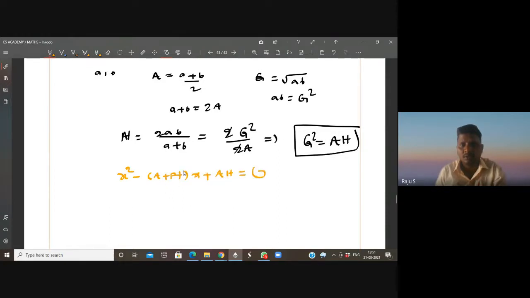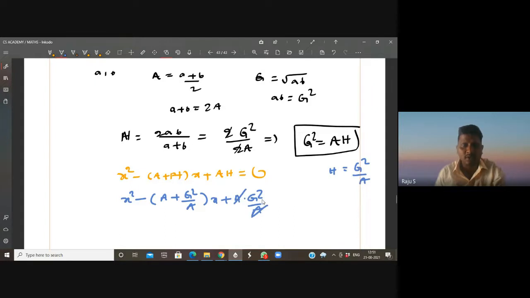Now you can replace the H value. What is the H value? H is G square by A. So x square minus (A plus G square by A) into x plus A into G square by A, it cancels.